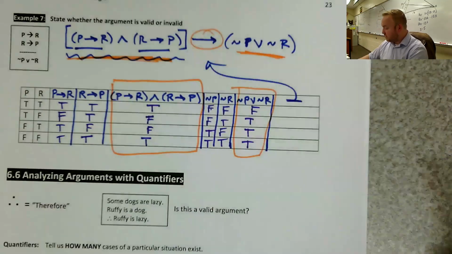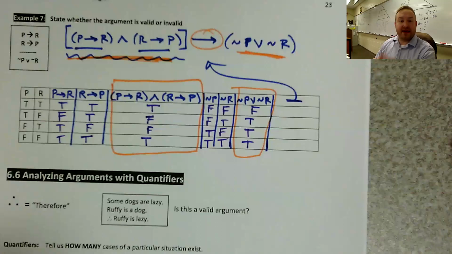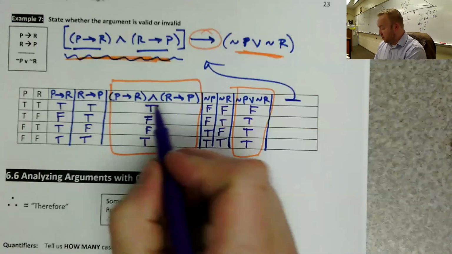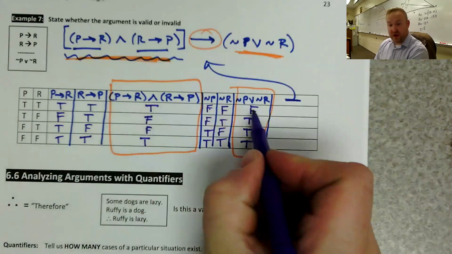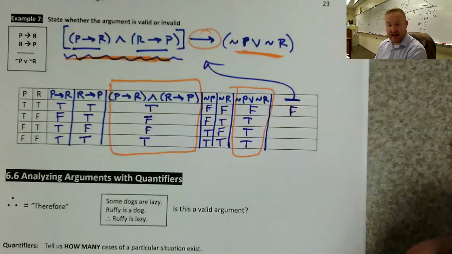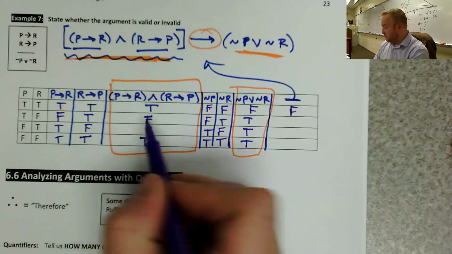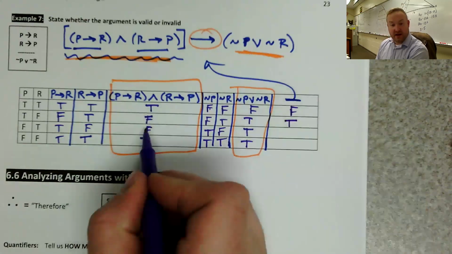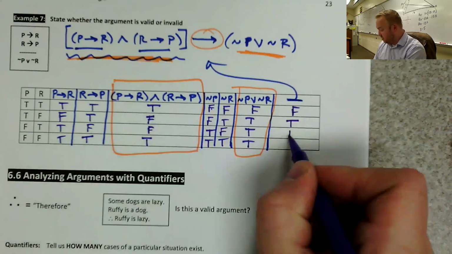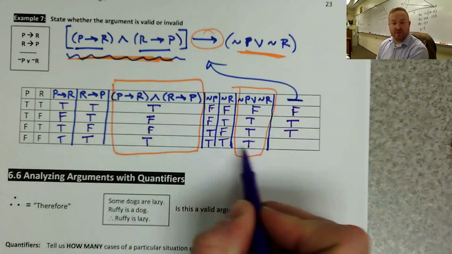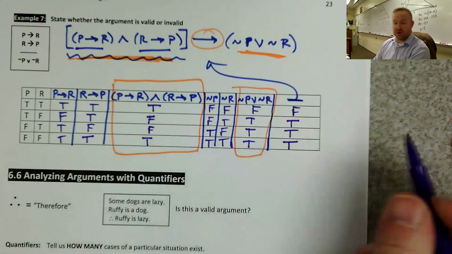Okay, so I'm going back to my conditional rules now. So true implies false is false as a conditional. Anytime the first part of your conditional is false, the conditional will be true. Here again, if I start with a false, the conditional is true. And here I have true implies true, so that will be true.